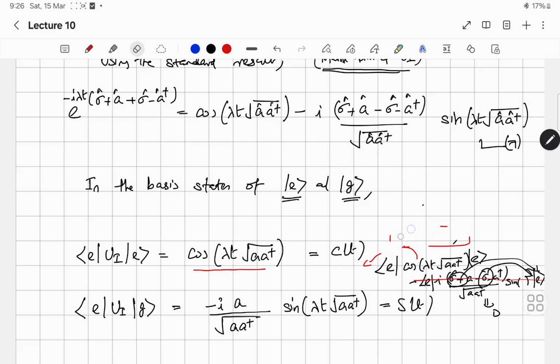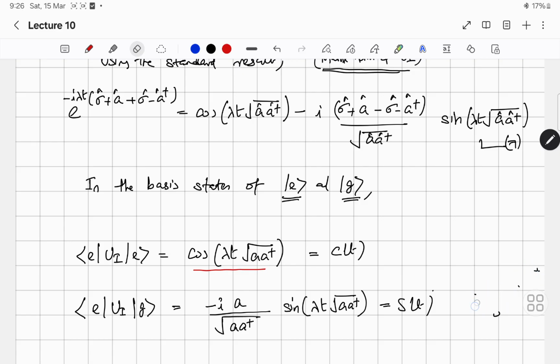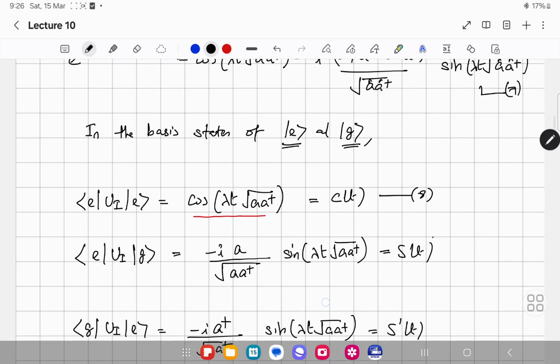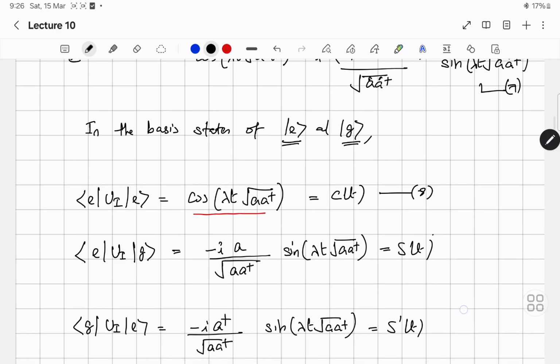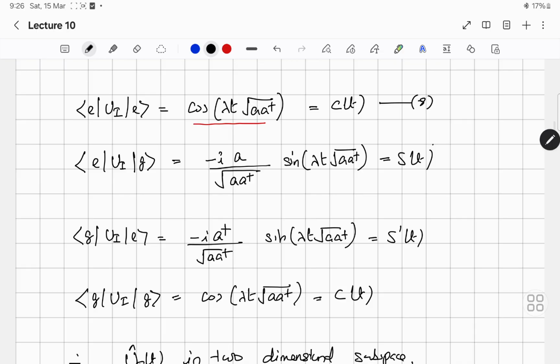Okay, so let us remove these steps. In the same way you can find out all other matrix elements. The first matrix element is found to be cos of lambda t square root of a dagger a, represented by c of t, and let this be my equation number 8. The second matrix element would be <e|UI|g>, and that is minus i times a square root of a dagger sine of lambda t square root of a dagger a.